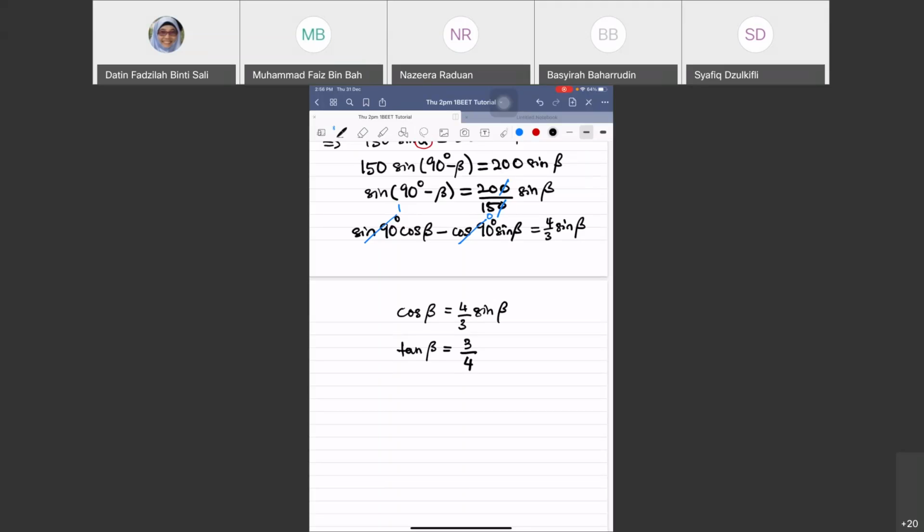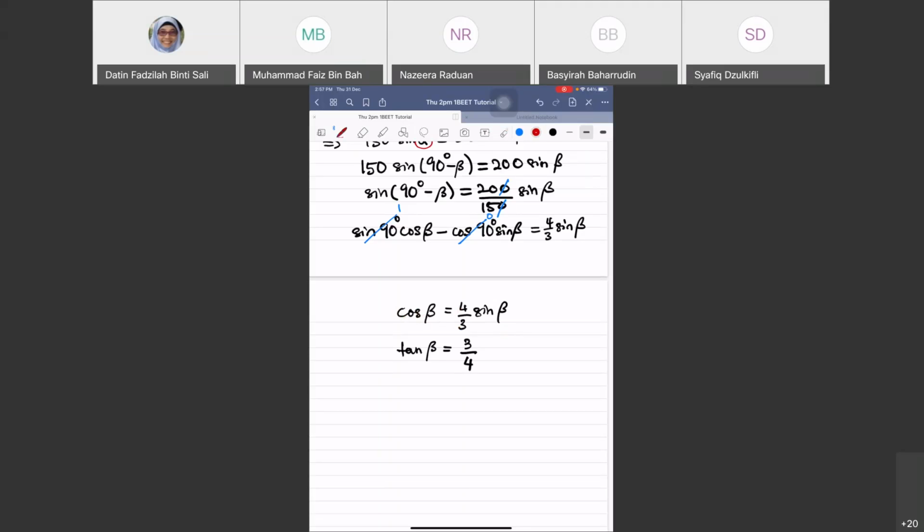I am cross multiplying: 3 goes up here, 4 goes down, cosine goes down like that. So tangent B equals 3 over 4.